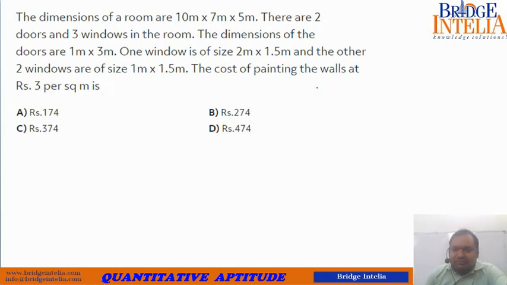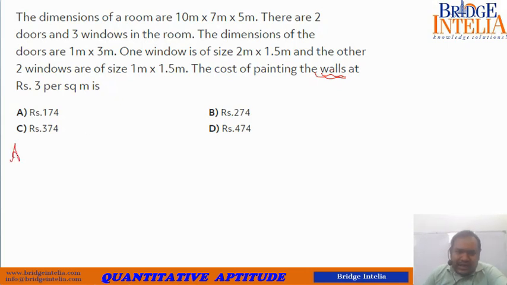The cost of painting for the walls at the rate of 3 per square meter is how much? So let us see. If you are painting the wall, that means you are painting only the wall, you are not painting the window, you are not painting the door.